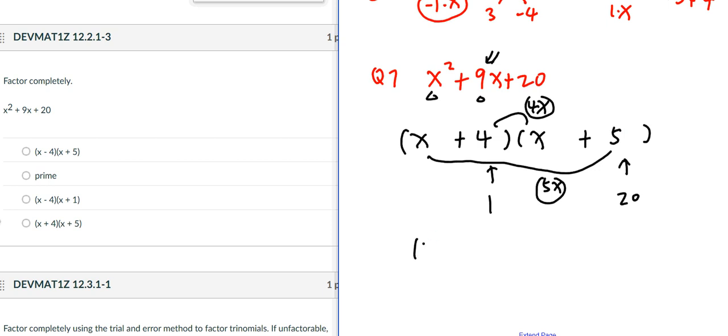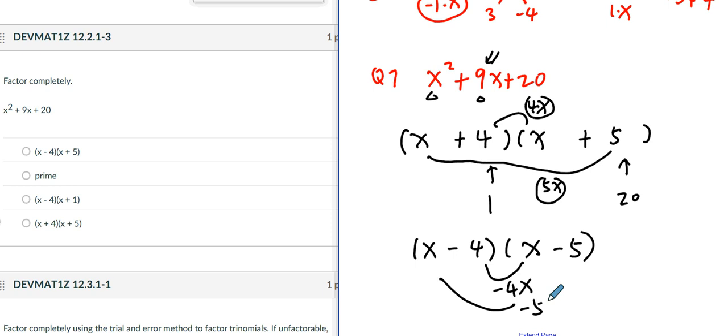And then there is another one, which is negative 4, negative 5. That's not going to work because here is negative 4x and here is negative 5x. So together you'll get negative 9x. And this is not going to work.